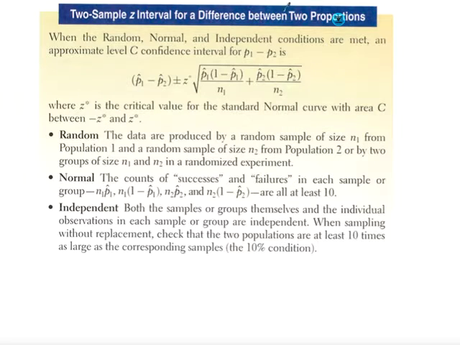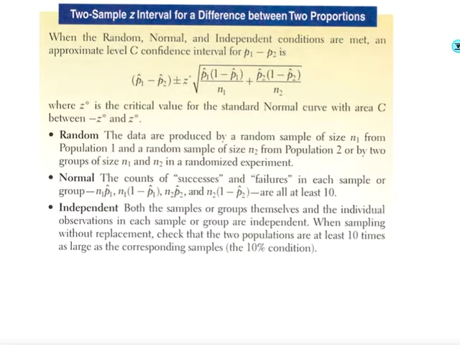Next we're going to move on to a two-sample Z interval for a difference between two proportions. When the random, normal, and independent conditions are met, an approximate level C confidence interval for P1 minus P2 is P hat 1 minus P hat 2 plus or minus Z star times the square root of P hat 1 times 1 minus P hat 1 over N1 plus P hat 2 times 1 minus P hat 2 over N2, where Z star is the critical value for the standard normal curve with area C between negative Z star and positive Z star.